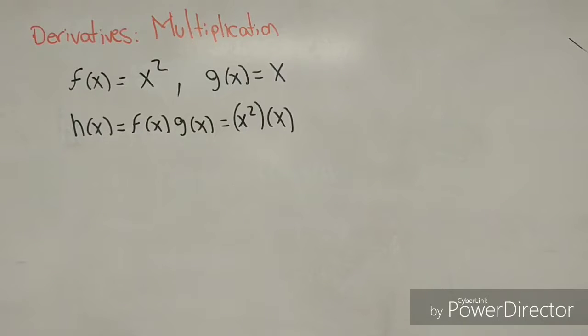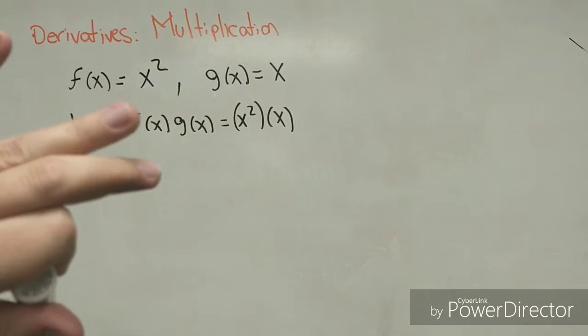The first example we're going to work on is an easy example. We're going to have this first function, which is x squared, and the second function, which is just x. And we're going to have a new function, h, which is the multiplication of these two functions, so x squared times x.